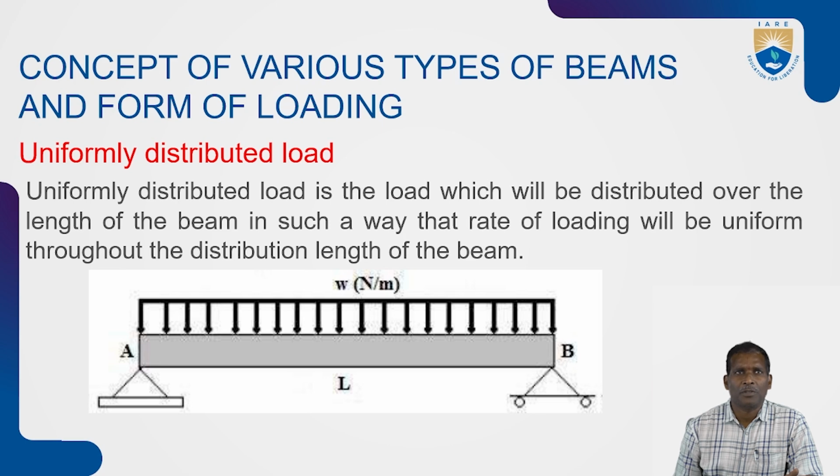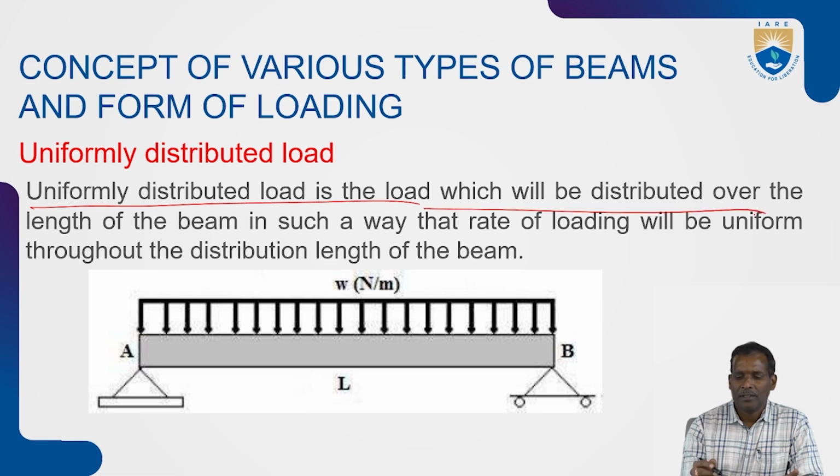Next, uniformly distributed load. Uniformly distributed load is the load which will be distributed over the length of the beam in such a way that the rate of loading will be uniform throughout the distribution length of the beam.